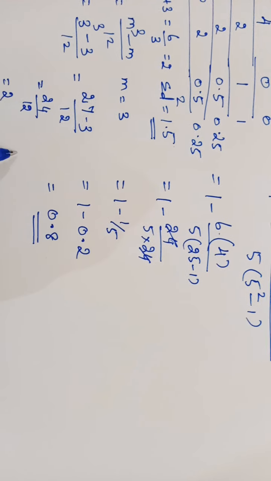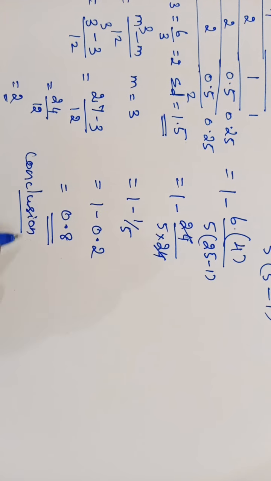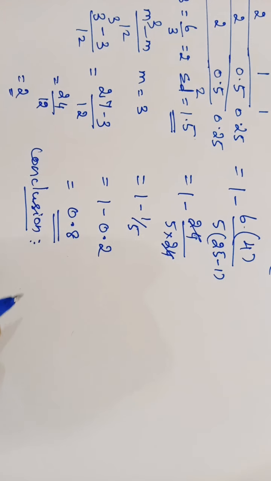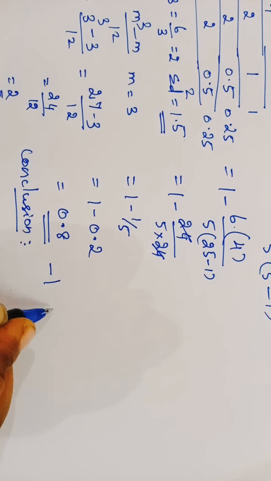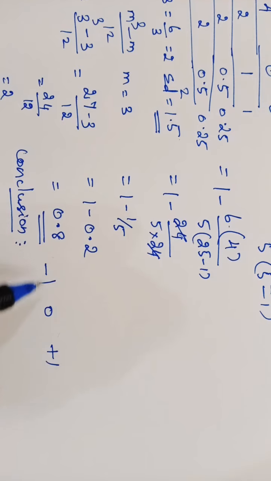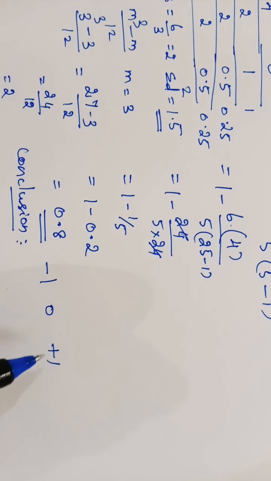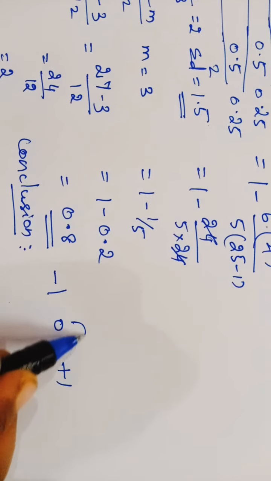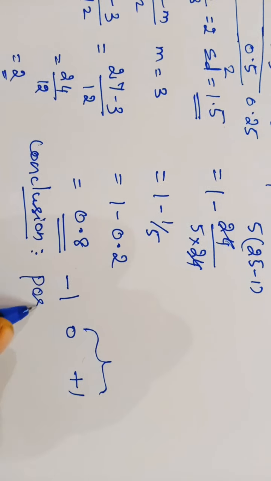The conclusion is the same as we conclude in all correlations. Correlation always lies from minus 1 to plus 1, this is the continuum. Since 0.8 falls between 0 and plus 1, our correlation is positive.